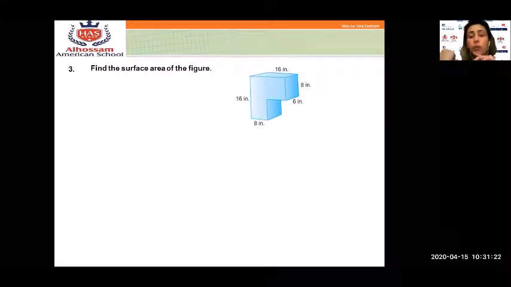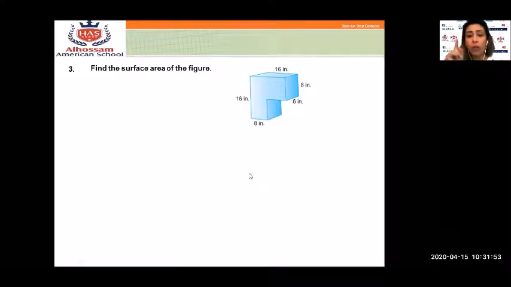As we did before with a rectangular prism, we used to find the area of each face and then multiplied by 2, because we have a rectangle on the top and a rectangle on the bottom, and a rectangle on the right and a rectangle on the left.